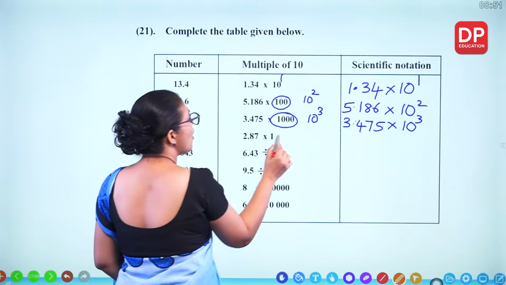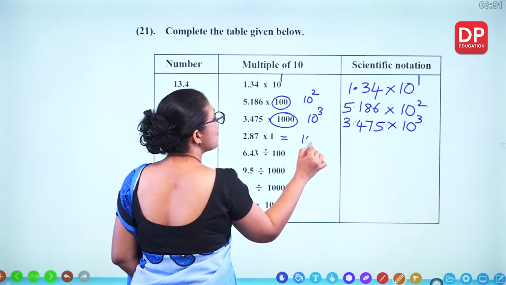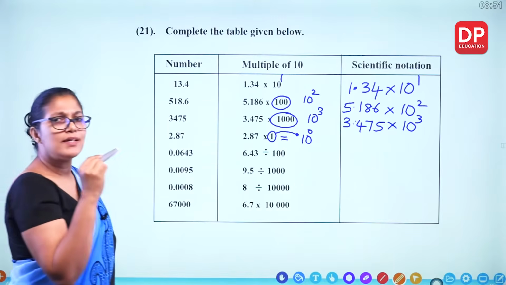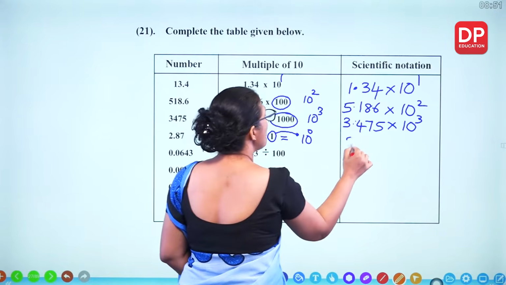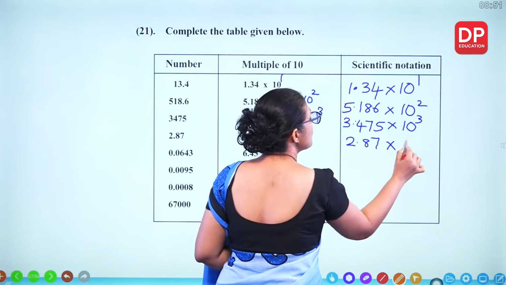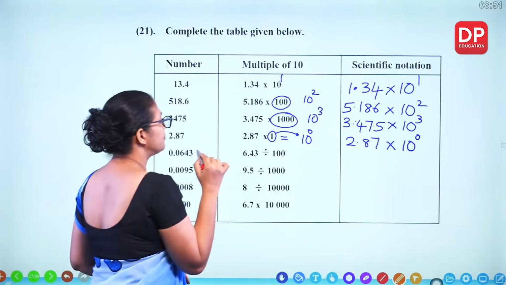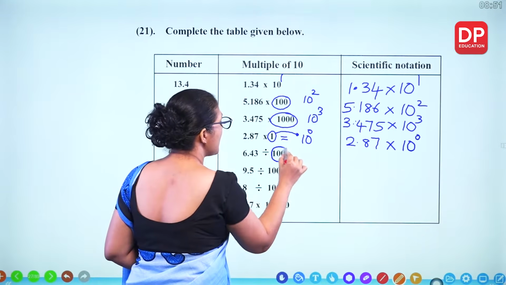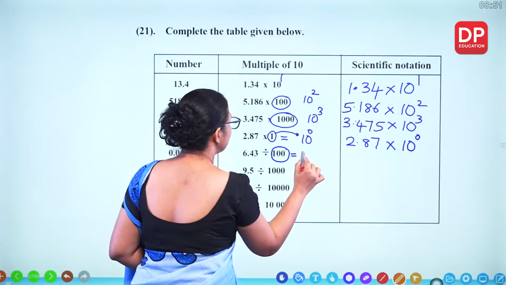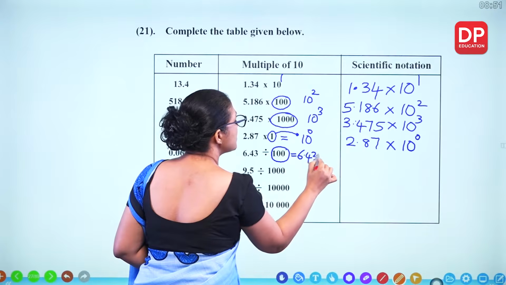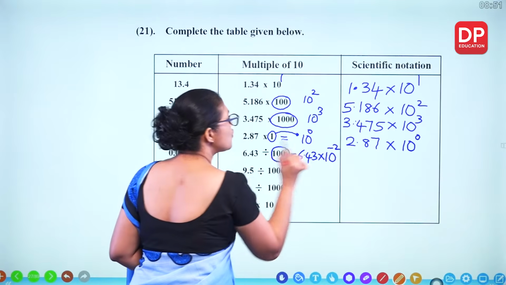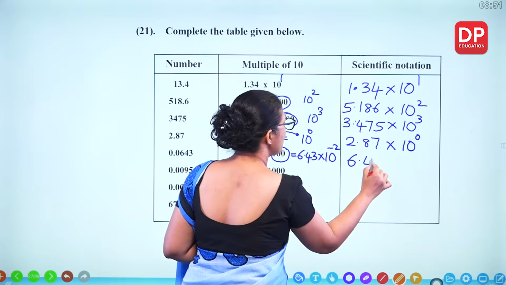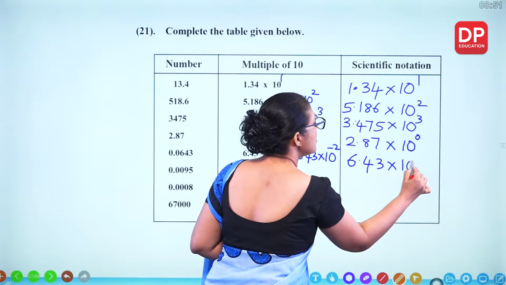1. How can you write 1? 1 is 10 to the power 0. This number I can write as 10 to the power 0. So what's the number? 2.87 times 10 to the power 0. Divide by 100 means I can write this one as multiplied by 6.43 times 10 to the power minus 2. So what's the scientific notation? 6.43 times 10 to the power minus 2.